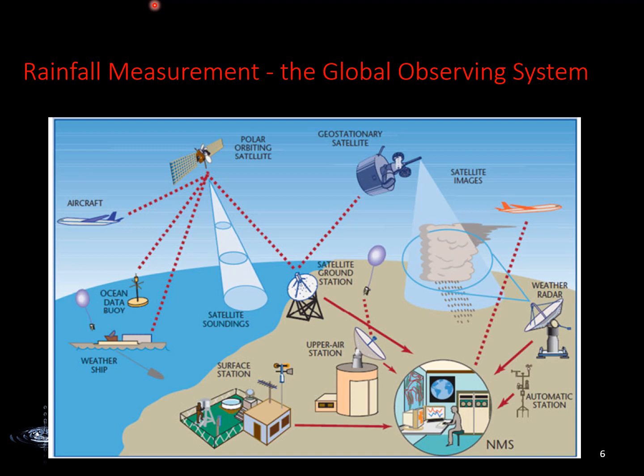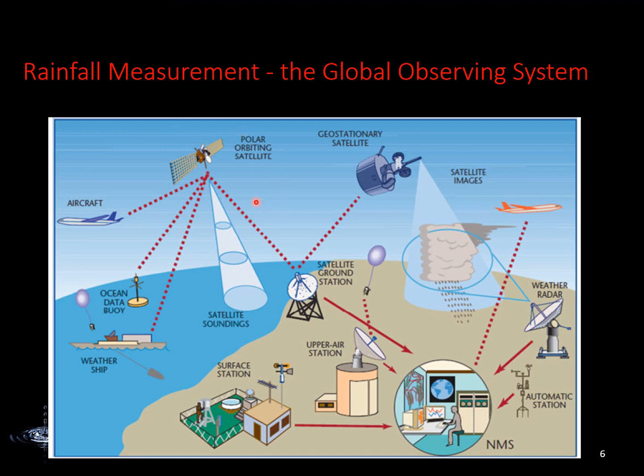We have a network of satellites, radars, and automatic weather stations. We can use data from aircraft and surface stations, which are surface rain gauge stations. That helps us measure precipitation on a global scale.